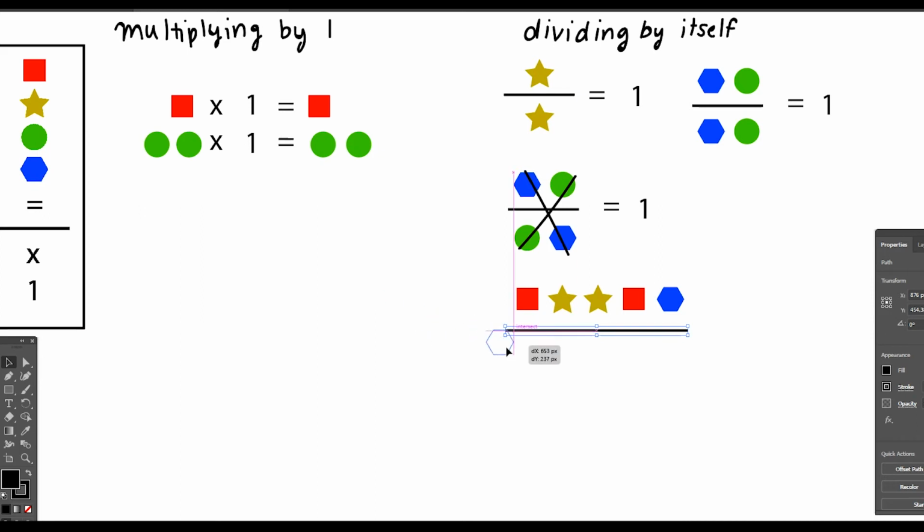So let's say I have a blue hexagon and a red square, and then another red square, and then a gold star, and another gold star.